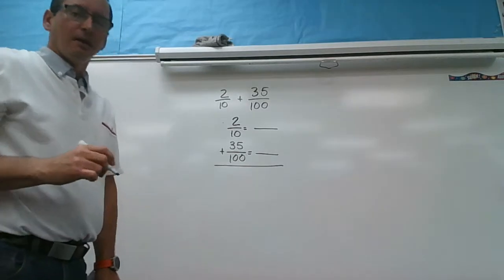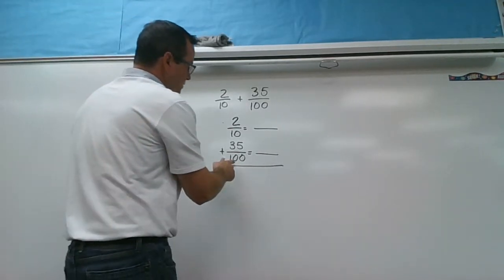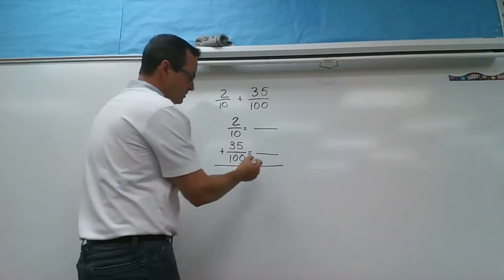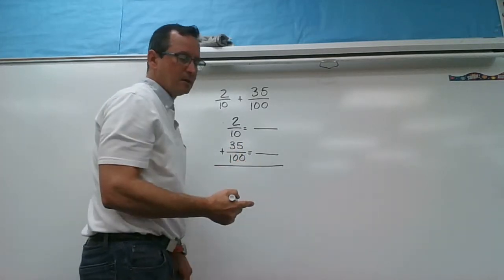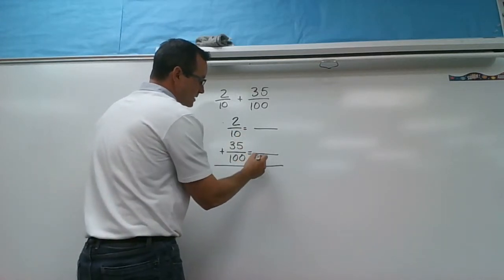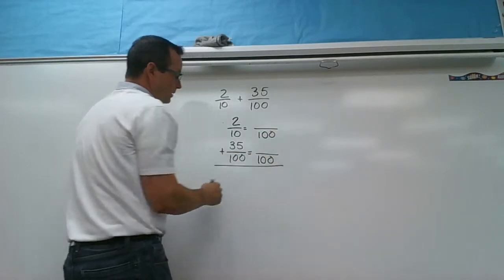Okay. Now we have to look for a common denominator. Our common denominator has to be greater than 10. It cannot be 10, because 100 does not go into 10. But I can say my common denominator between 10 and 100 is 100. That is my common denominator.